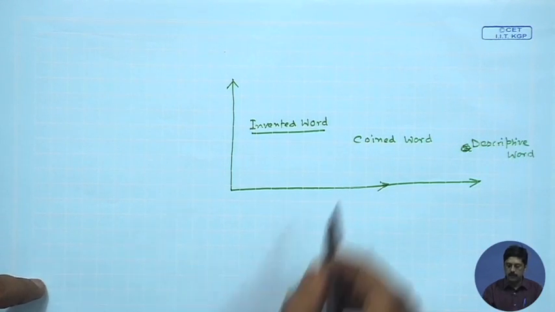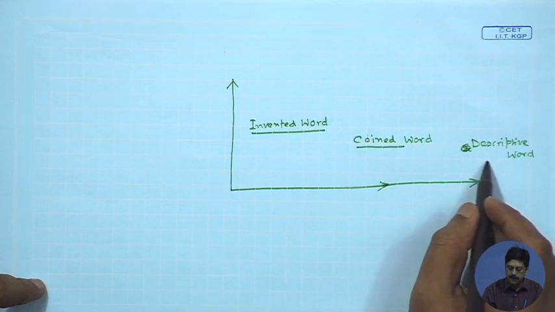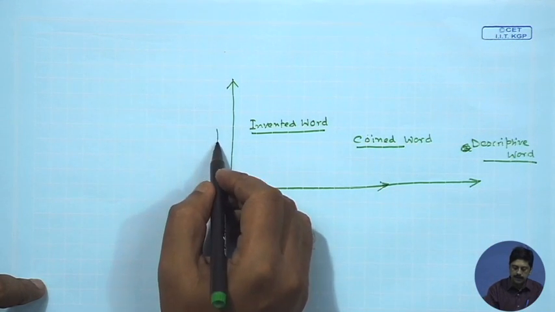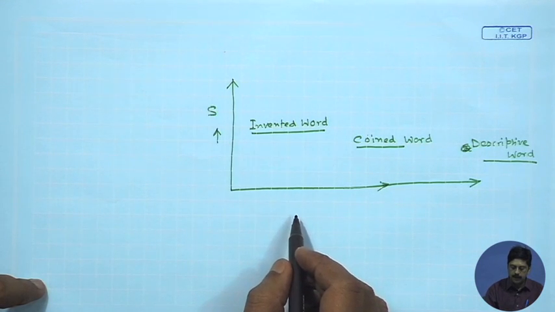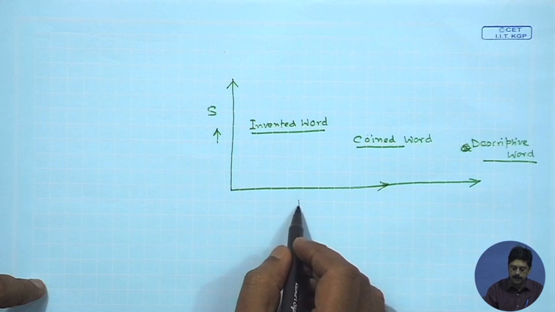Okay. So, considering strength, we can improve in the y axis, strength in the y axis, and different types of marks in the x axis.